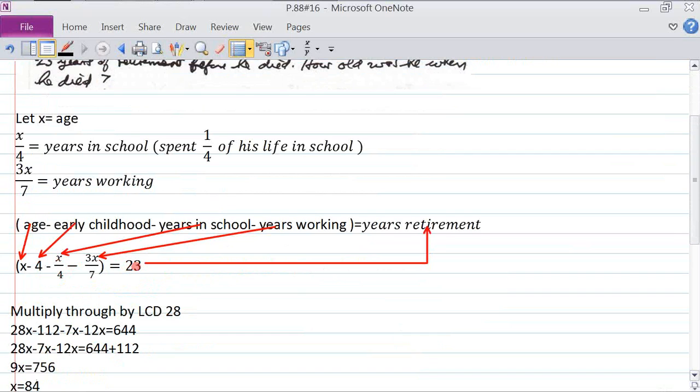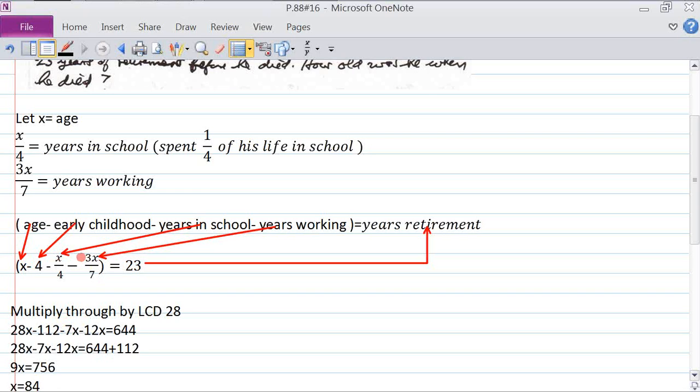Okay, so now we multiply. Here we have a 4 and a 7, so we could multiply through by 28. So 28 times x gives me 28x. 28 times minus 4 gives me minus 112. 28x over 4 gives me the minus 7x.